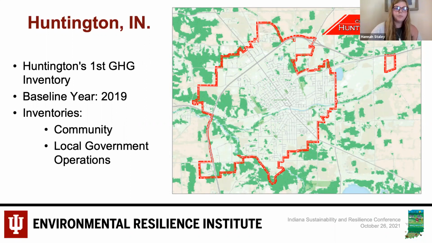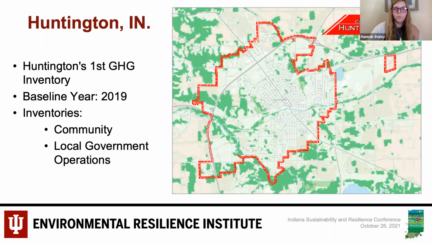And for 2019, I completed two different inventories, one for the community, and then another one for local government operations. So the community, again, is all of the greenhouse gas emissions within this jurisdiction of Huntington.